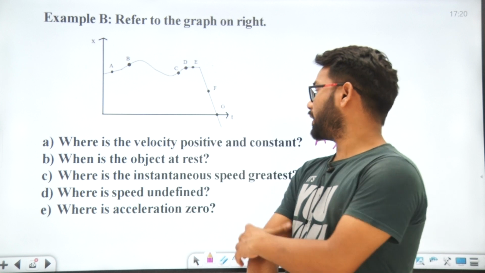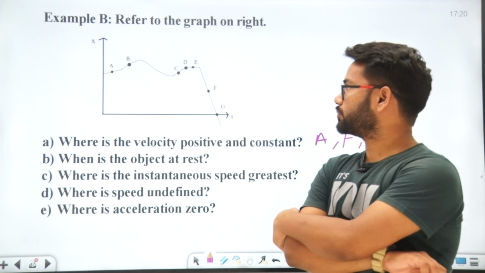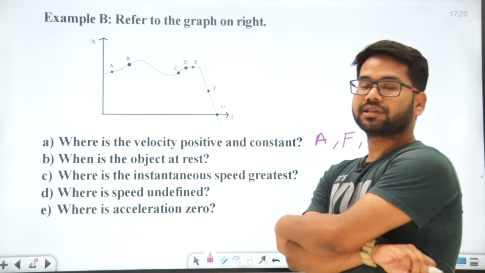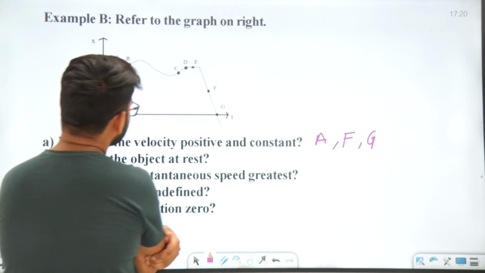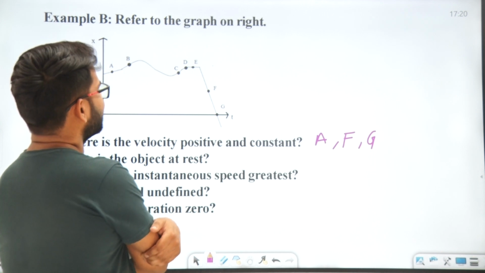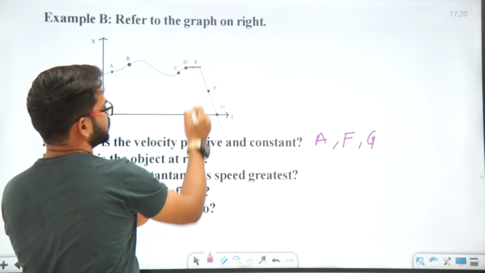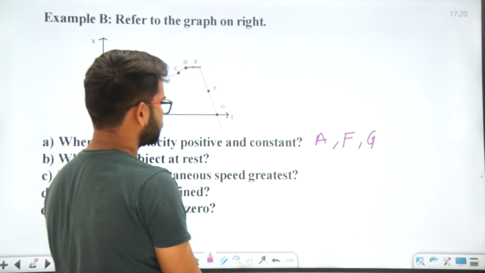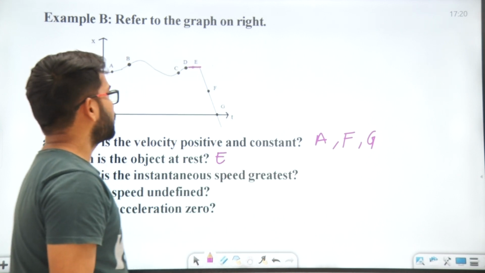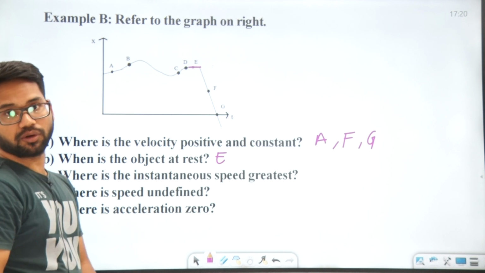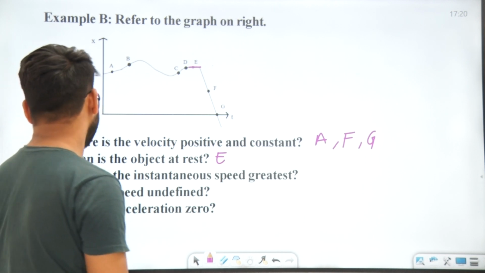So for B, look for the position where velocity is 0. Object is at rest at position E, because at that position slope is 0, so velocity is 0.